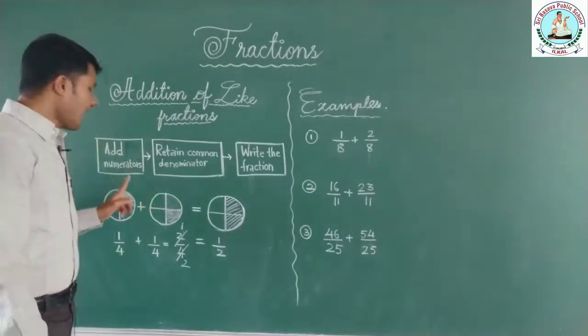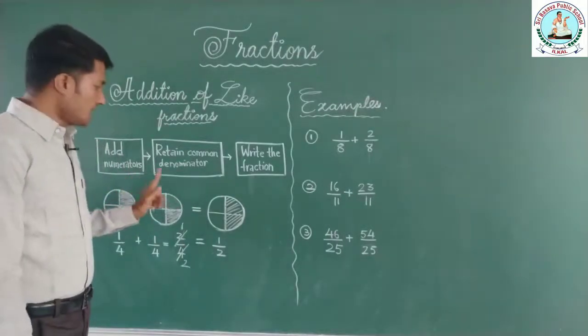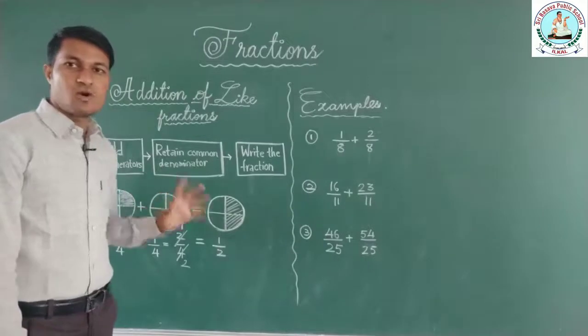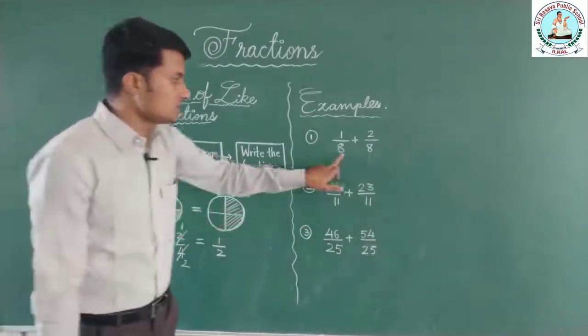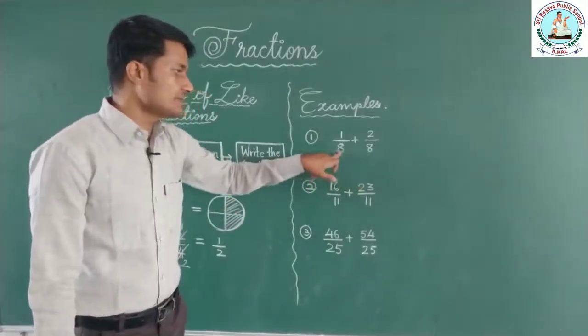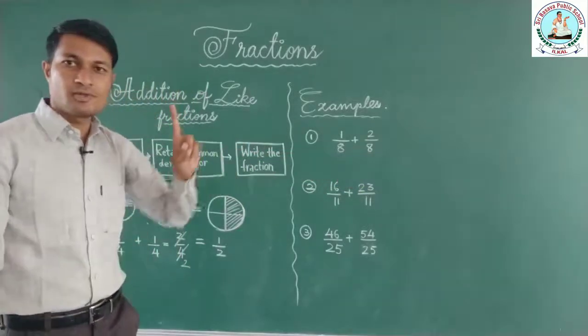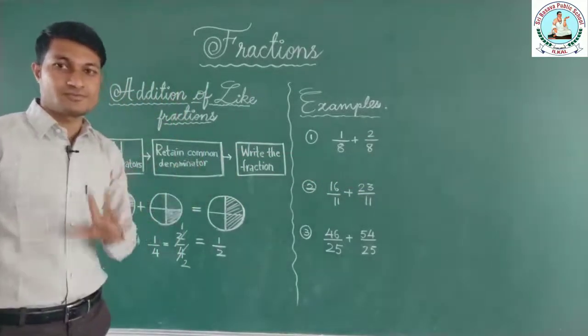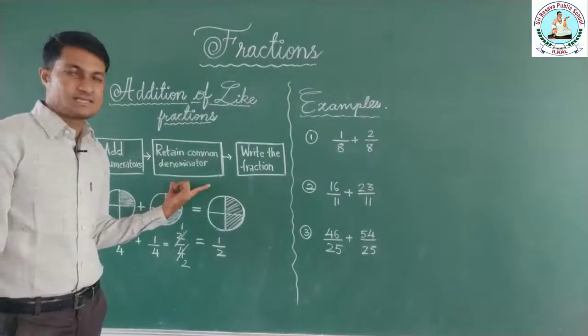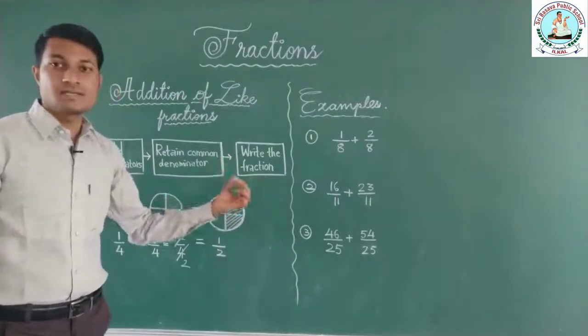First, add the numerators. Second, retain the common denominator, which means keeping only one denominator instead of 2. Third, write your fraction.